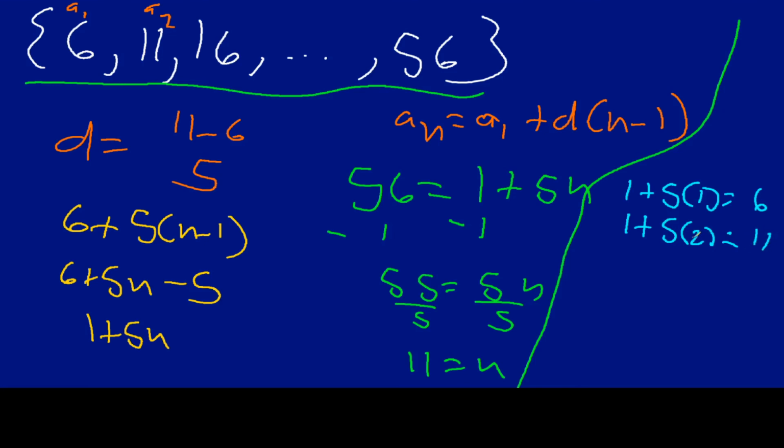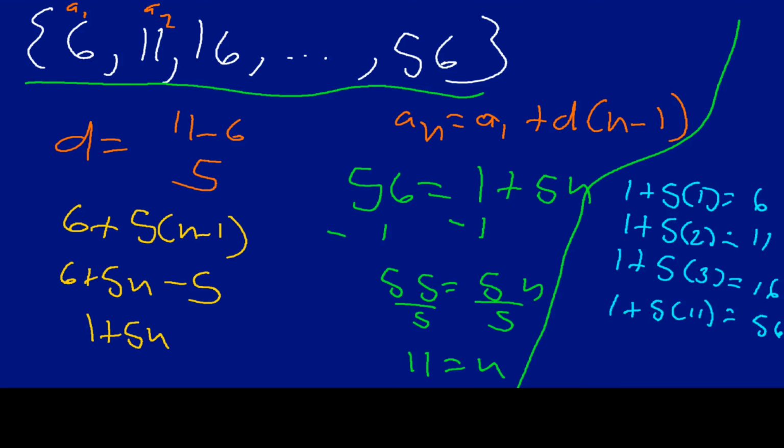Well, that's the second term. It looks like we're doing pretty well here. Let's do the third term. So 1 plus 5 times 3, well, that's 16. And just for fun, do the 11th term. 1 plus 5 times 11, yes, that equals 56. So it looks like we have the correct answer. We checked it and verified it by plugging in each of our terms here.